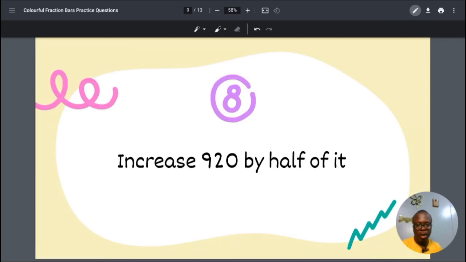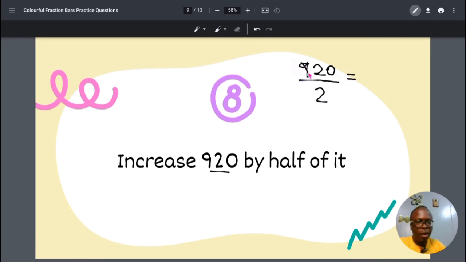Increase 920 by half of it. So we have to increase 920 by half of the 920. So first and foremost, it's quite easy to do. Just do 920 divided by 2. So when you do that first, 2 in 9. I always like to do the short method here.